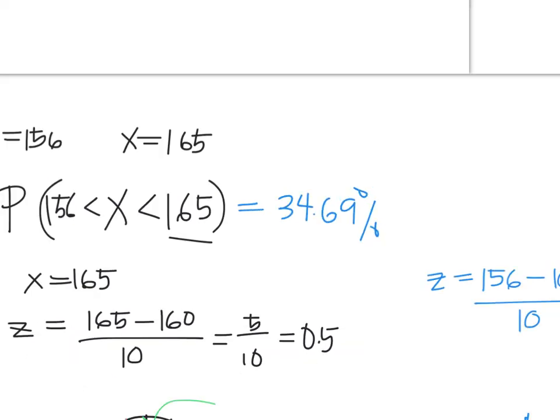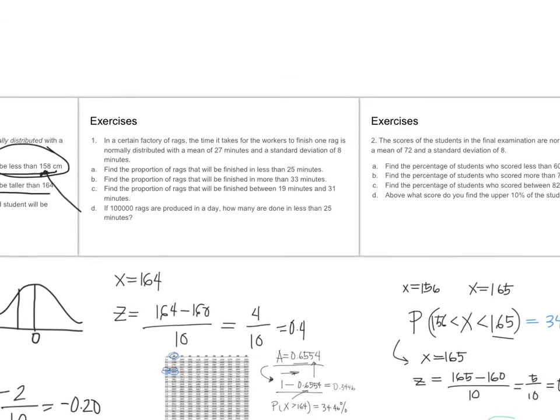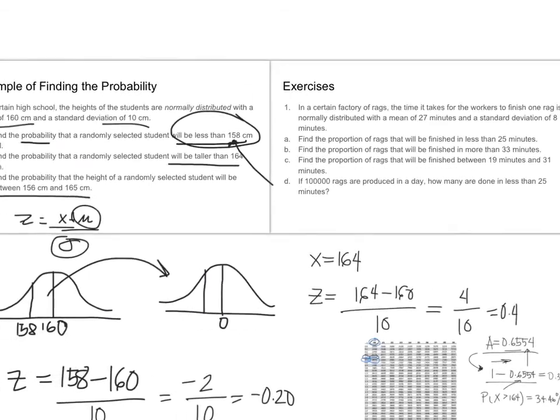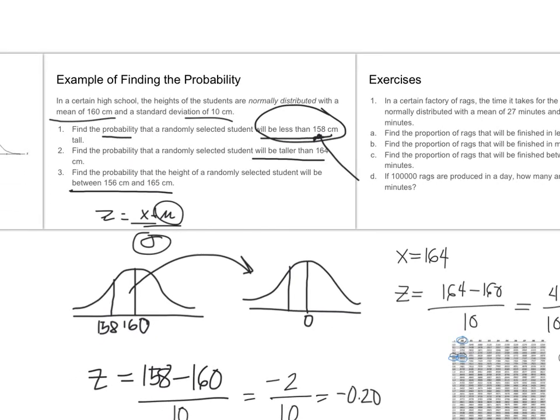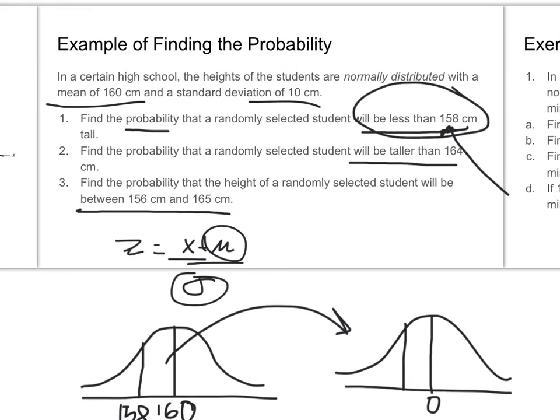Okay, so that's how you find the probability for a normal distribution. There are several steps that we have to perform. With the x values given, those heights like 158, 164, 156, and 165, these are all x values.